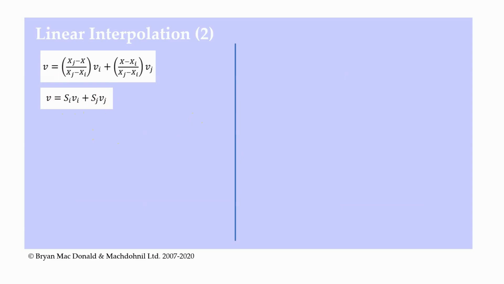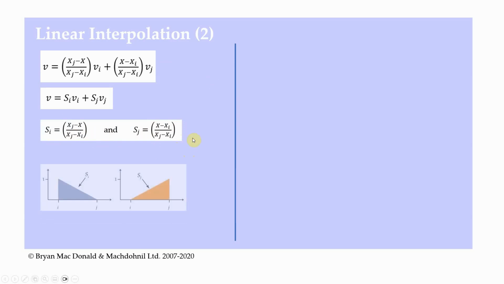As we've seen, they relate the unknown value, which in our case is displacement, of any point on a line to the known values, which in this case are the vertical displacements at either end of the line. So these are our shape functions or interpolation functions, Si and Sj, that we've just worked out.